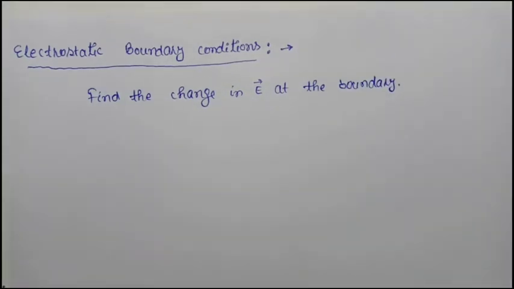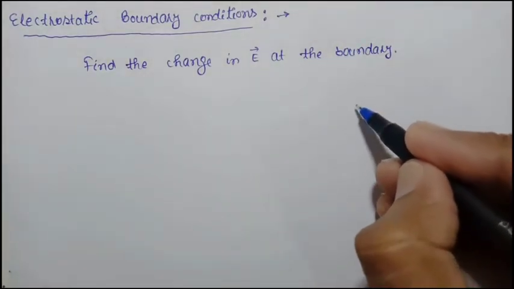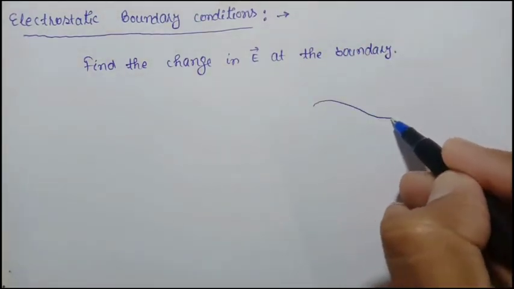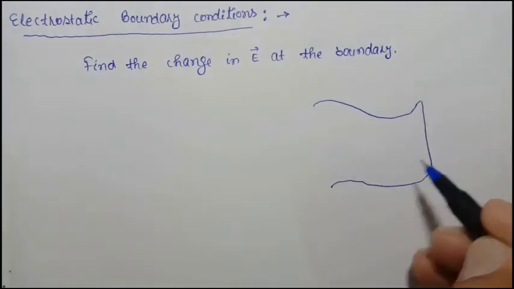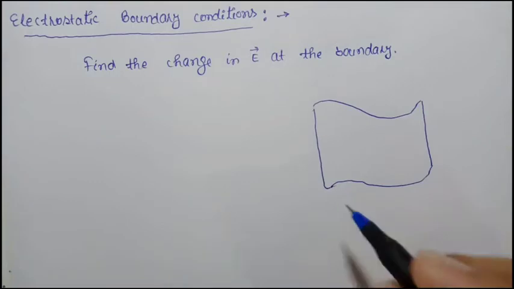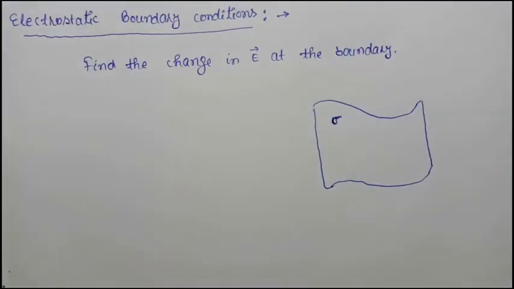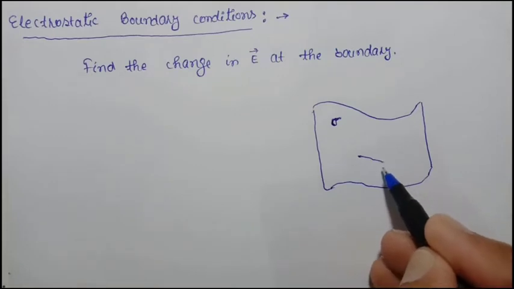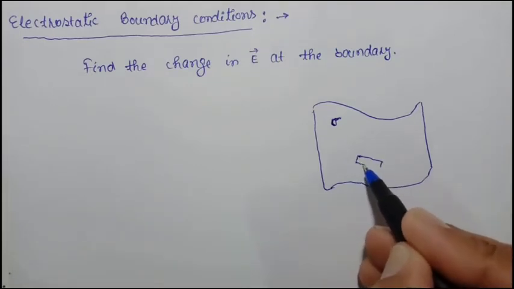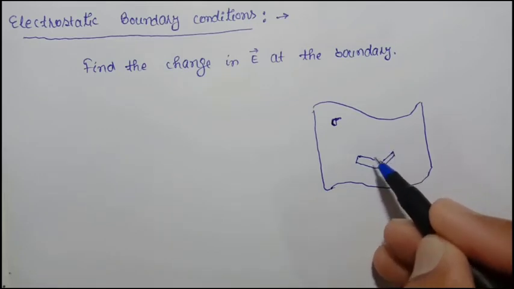Okay, so suppose here we have a surface and a charge sigma, and here suppose we have a Gaussian pillbox.